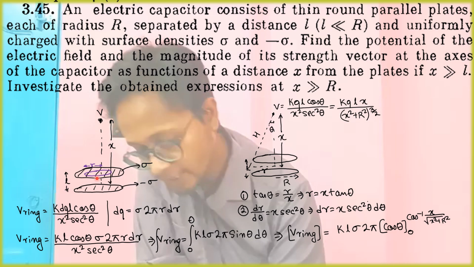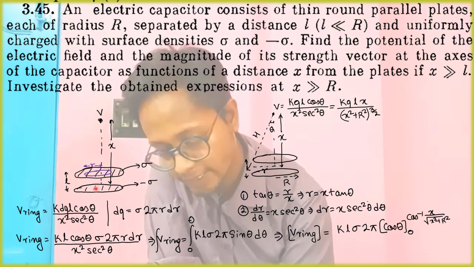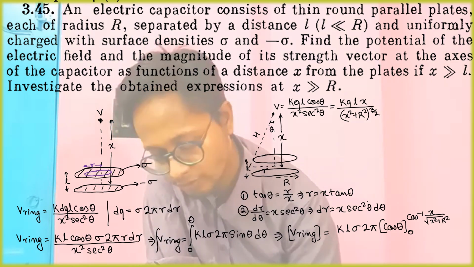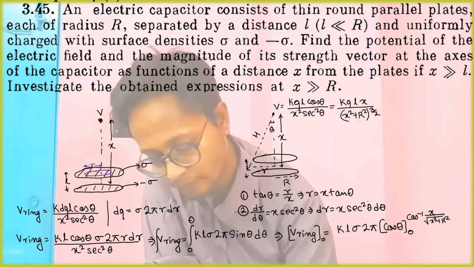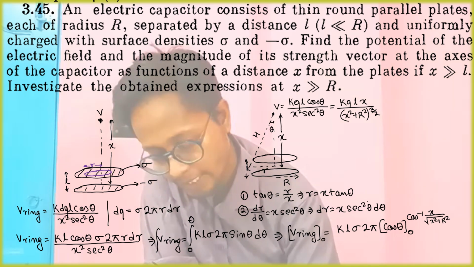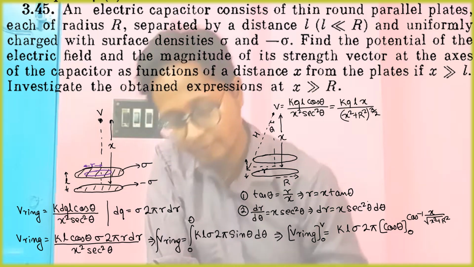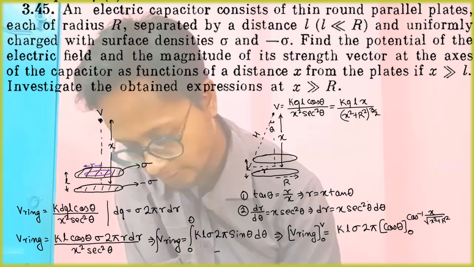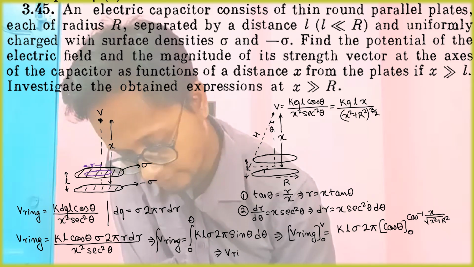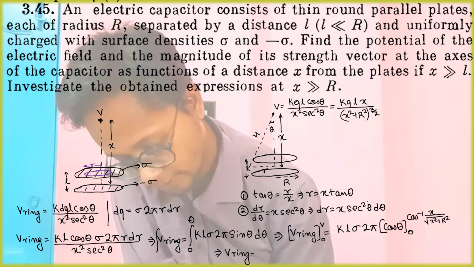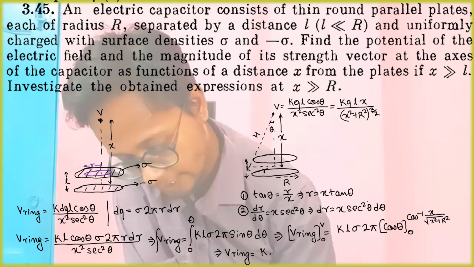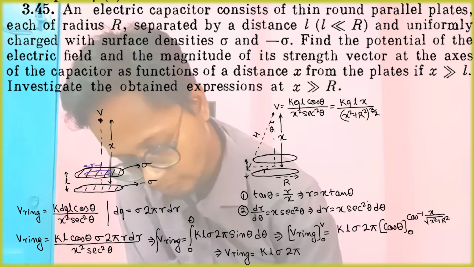What is the potential at theta is equal to 0? At theta is equal to 0, no amount of charge was there, no? So potential was equal to 0. And what is the value of potential at this capital R? So if I do this, potential due to ring is equal to KL sigma 2 pi into cos theta.